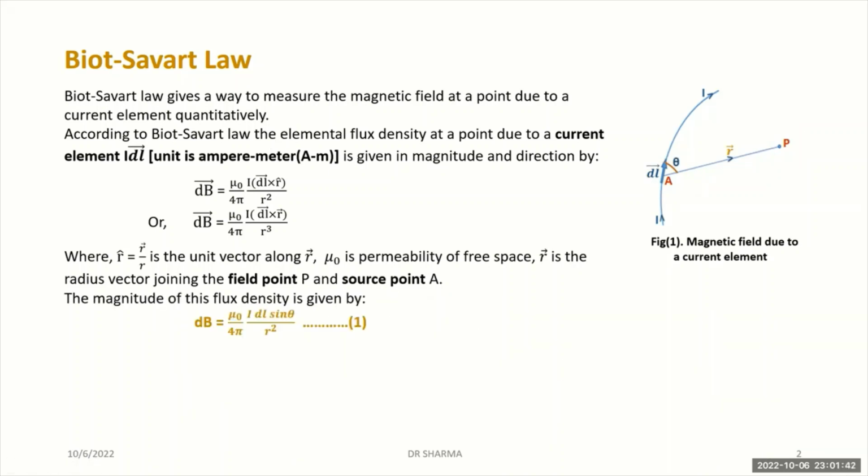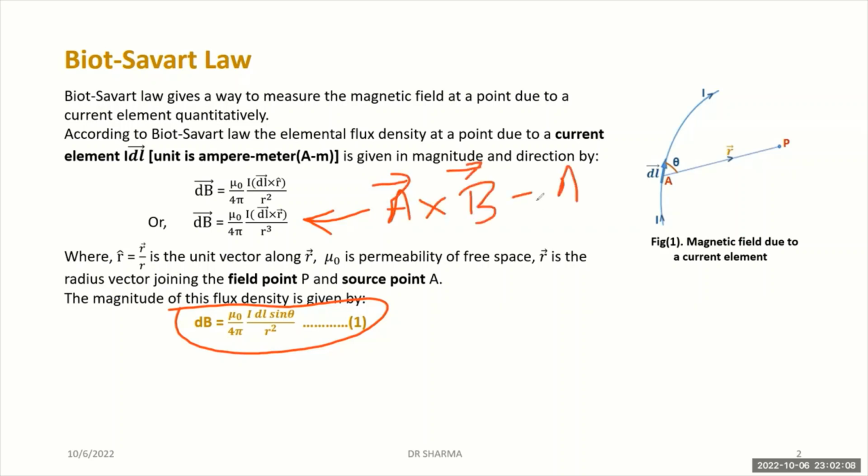The magnitude of this flux density is given by dB is equal to mu naught by 4 pi I dl sin theta upon r square. You can easily get this formula just by using the cross product of two vectors. Say a cross b is equal to ab sin theta.